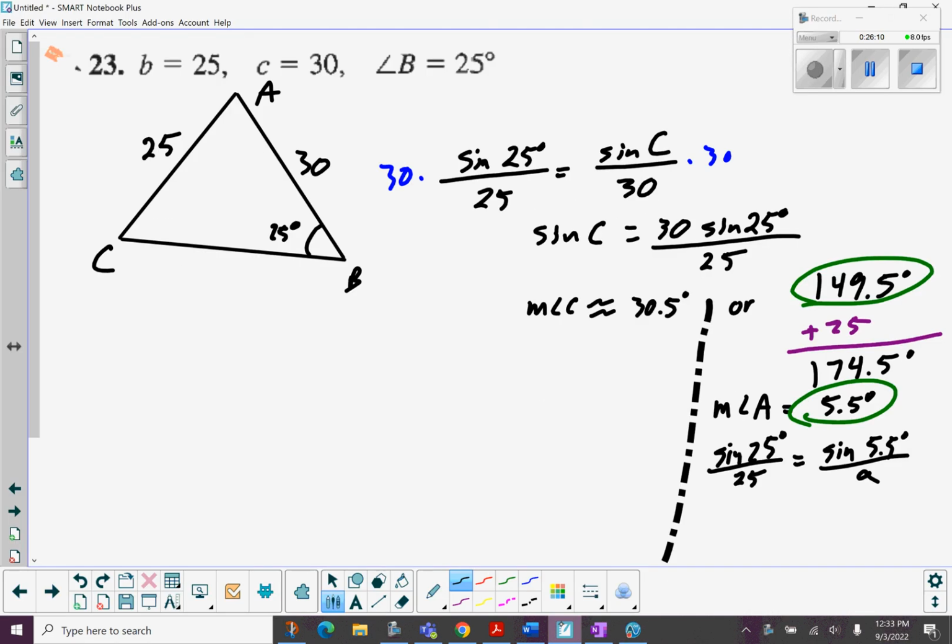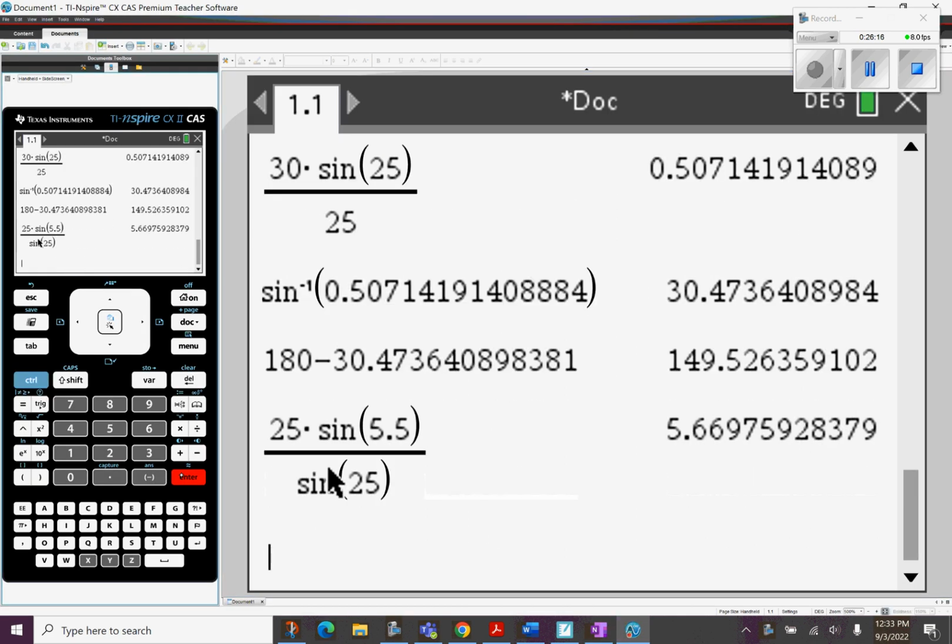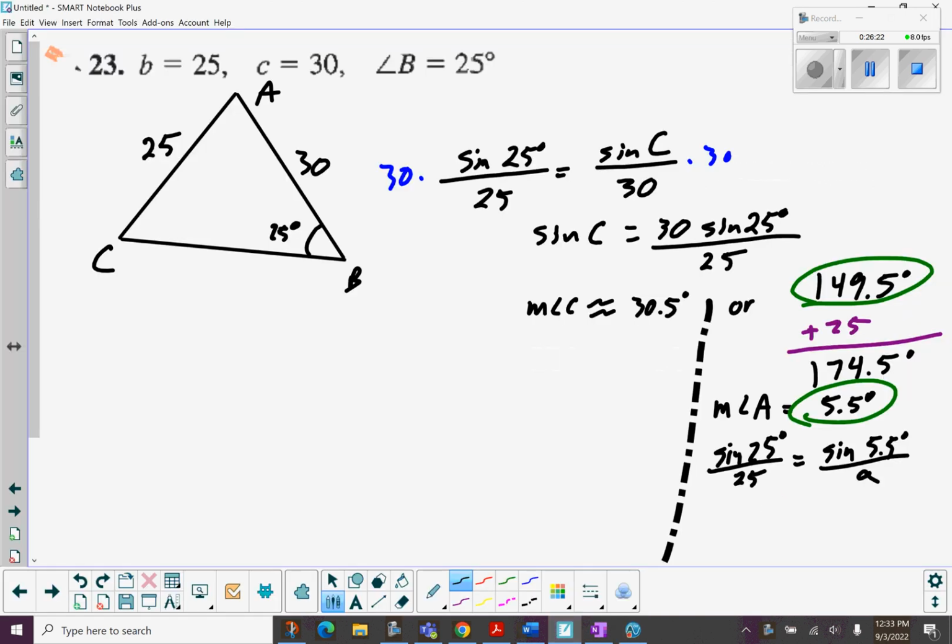So again, we do our lovely cross product there, solve for A. So about 5.7. So side A is about 5.7, which would definitely make it the shortest side compared to the 25 and the 30.